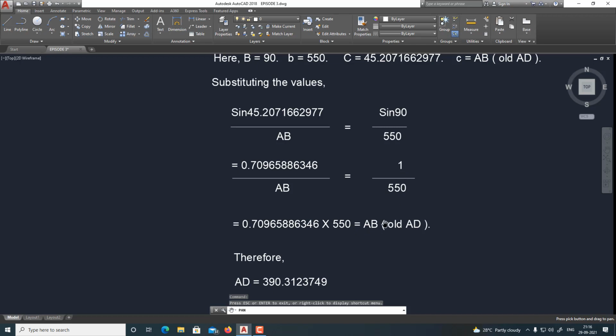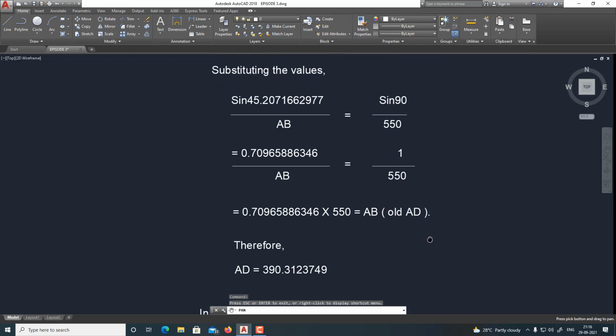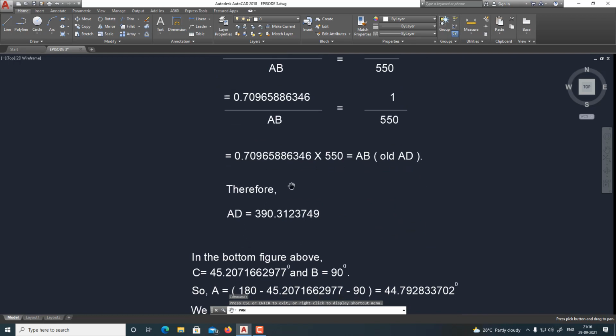AB into 1 is AB. This is old AD. Therefore, by simplifying this expression, we get 390.3123749. This is AD. Here actually AB is written, but AB is old AD.